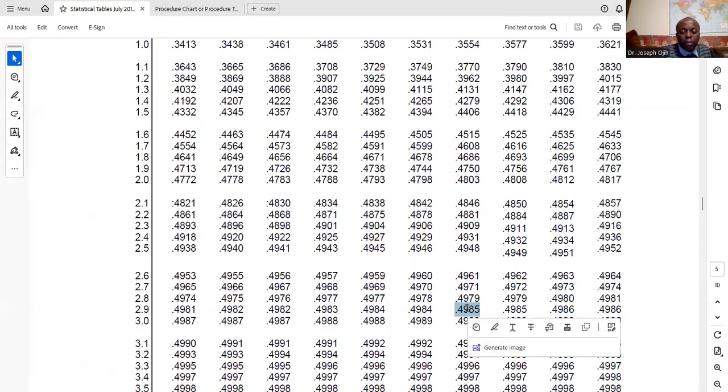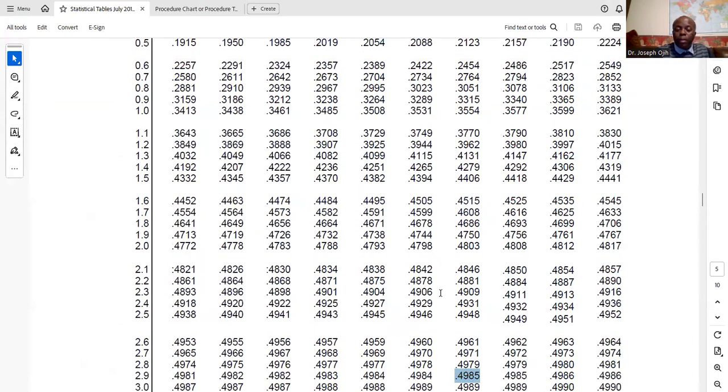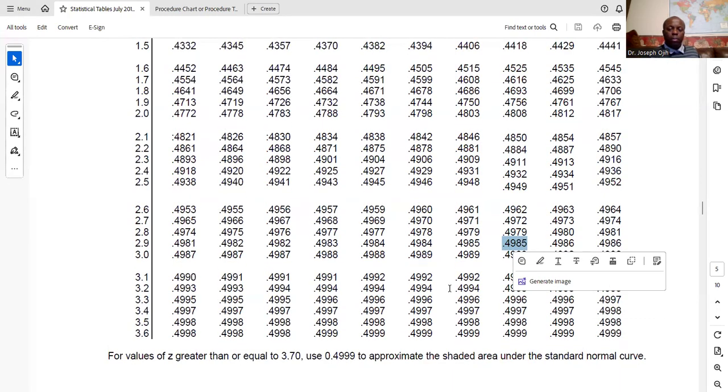I think it's here. Yeah, 0.4985. Hope you can see it. 0.4985.